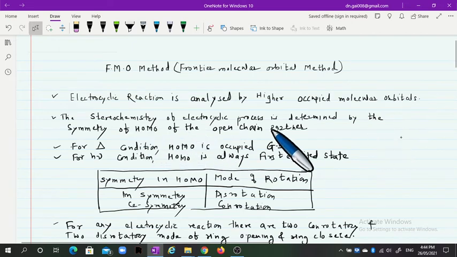Stereochemistry is also determined by the highest occupied molecular orbital, that is the HOMO of the open chain. Always in the FMO approach we use the HOMO of the open chain partner.